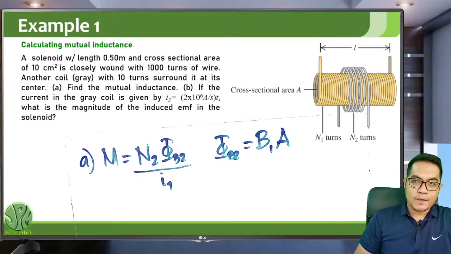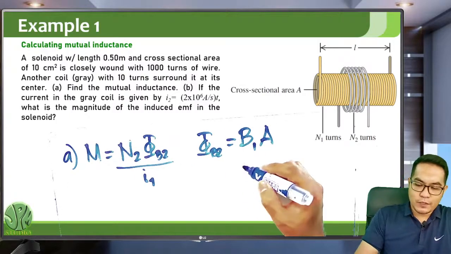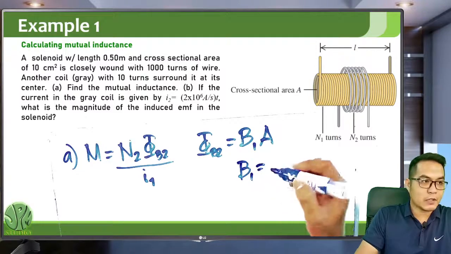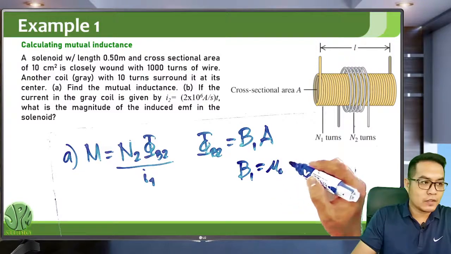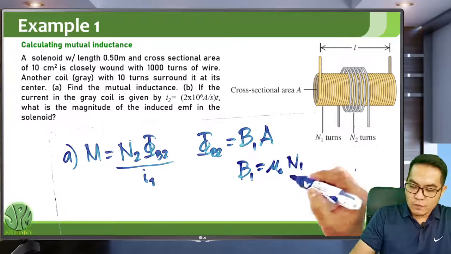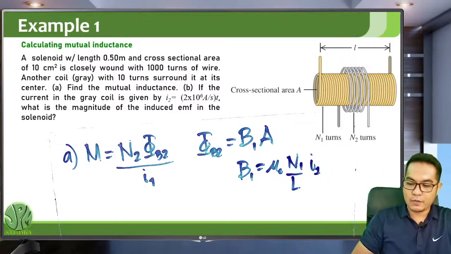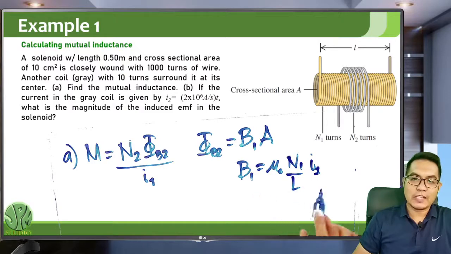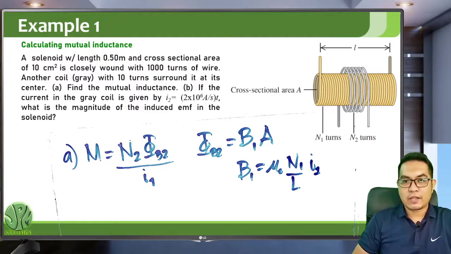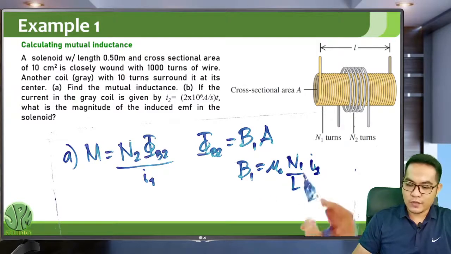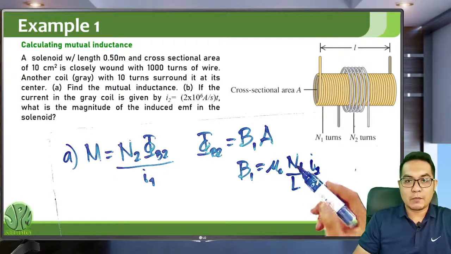The magnetic field of a solenoid, B1, is given by mu naught N1 over L times I1. We obtained this before when we found the magnetic field of a solenoid. N1 over L is just the number of turns per unit length.